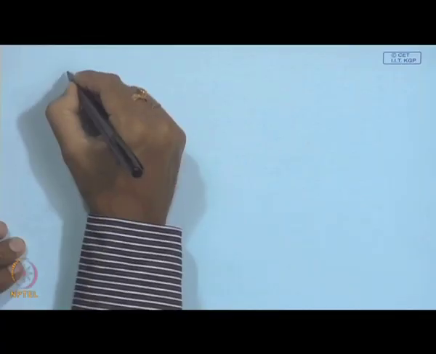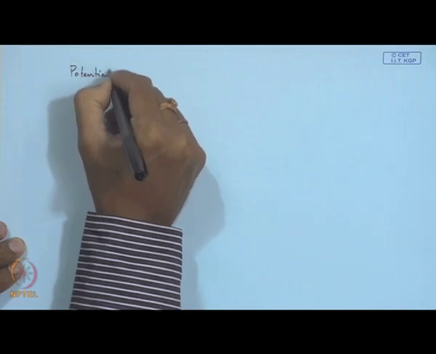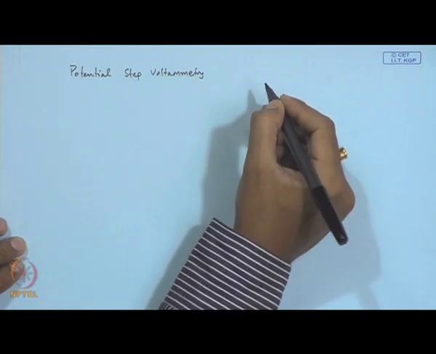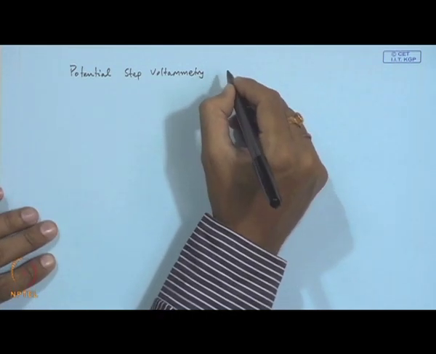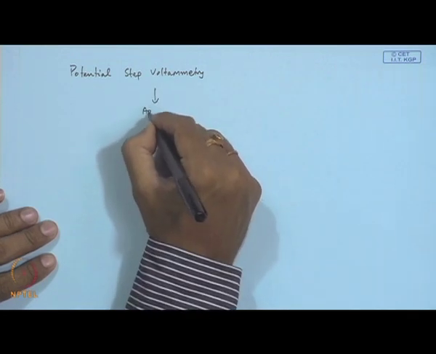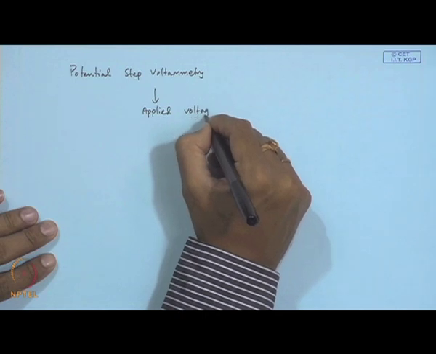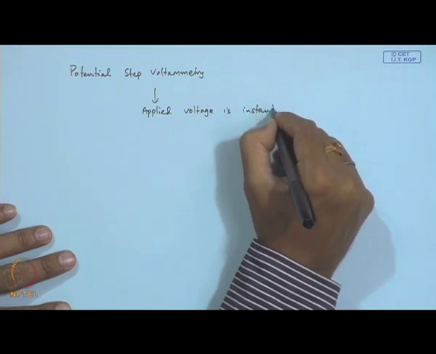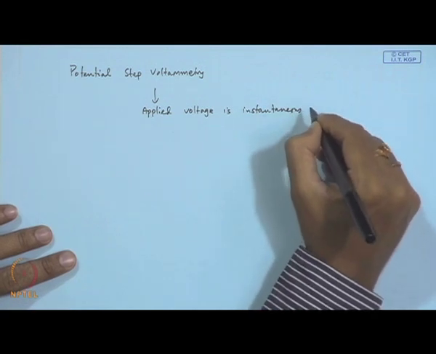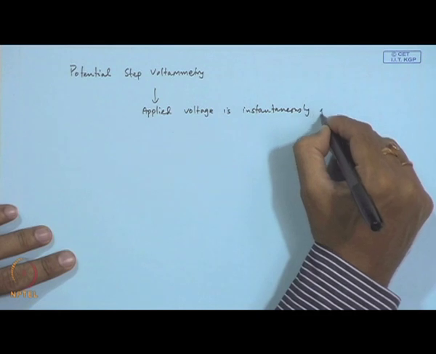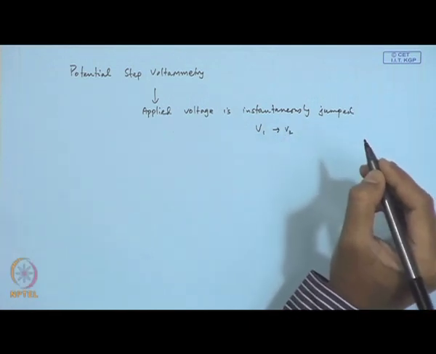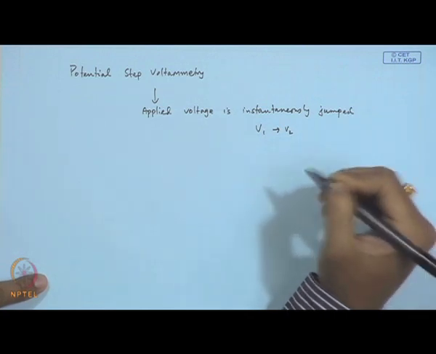Now, potential step voltammetry. In potential step voltammetry, the applied voltage is suddenly and instantaneously jumped from one value to another, say from V1 to V2, and the resultant current is measured as a function of time.